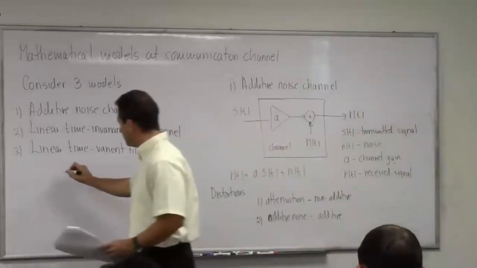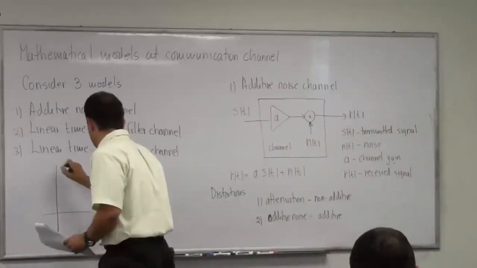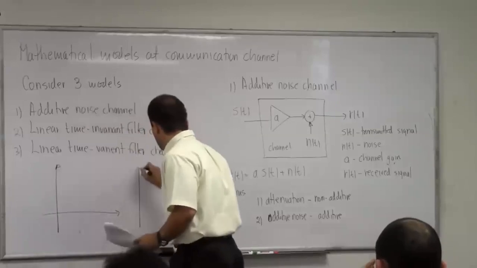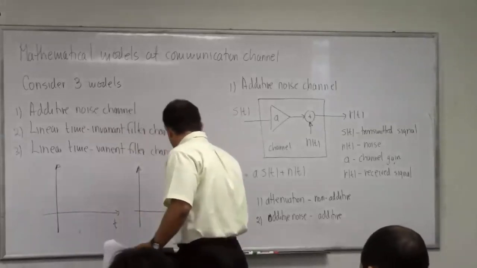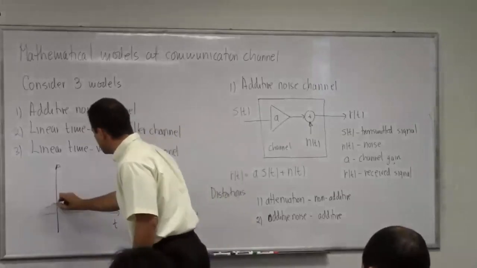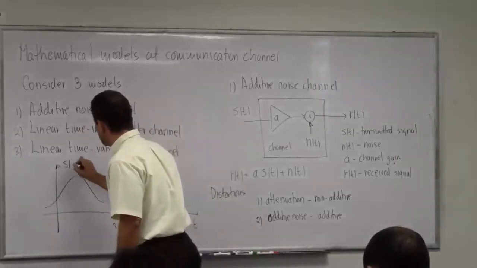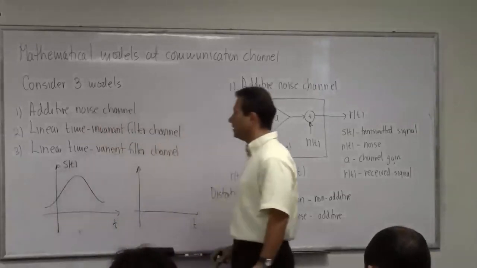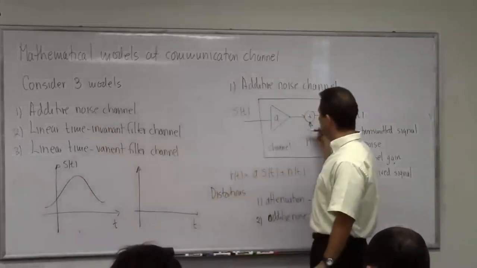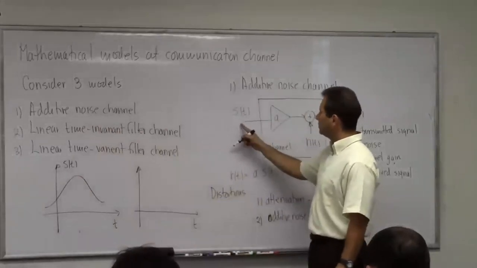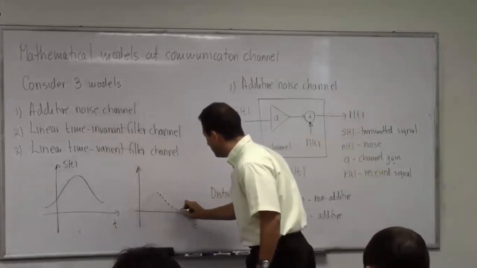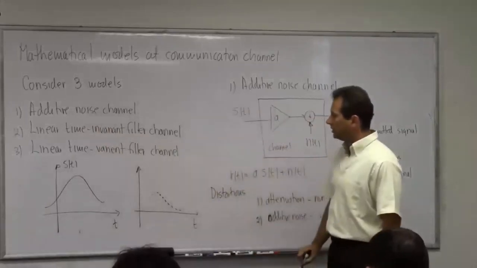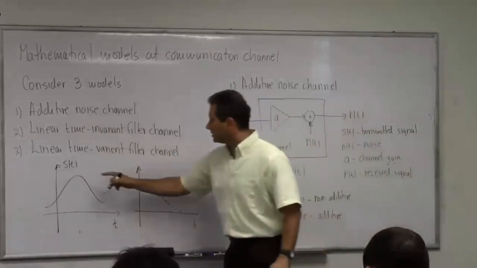So what happens here? Let's just make sure we're clear. Let's say this is t, this is t. Now let's say the signal s(t) looks somewhat like this. This is what I feed into the communication system, into the channel. What comes at the output is a signal that is attenuated somewhat, so it is not going to be as large as this.